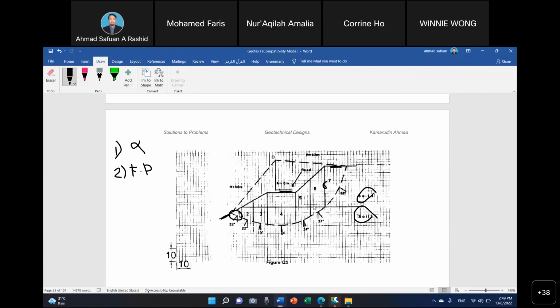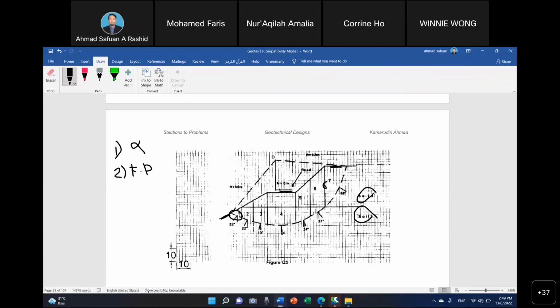However, for the slice body, it doesn't have any problem, although it covers two types of material. Let's say for slice number 6, we have soil number 1 on the top and a little bit of soil number 2 at the bottom.